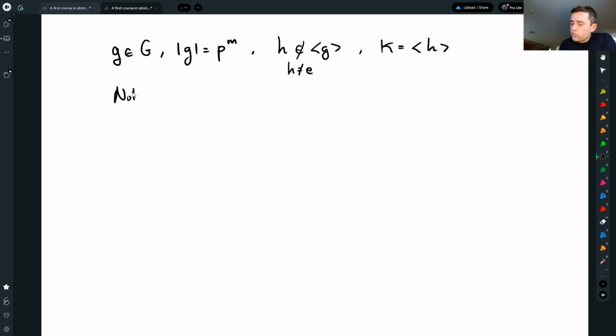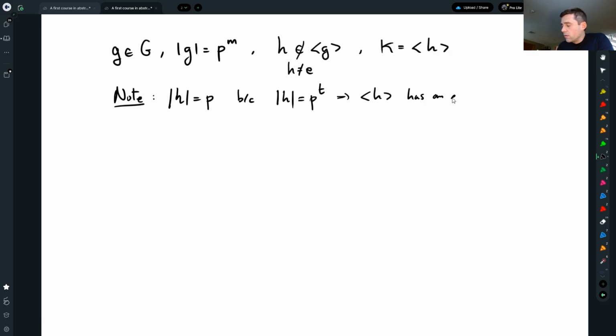So note, first of all, that the order of h must be P, because I know that the order of h is some power of P, and that implies that the subgroup generated by h has an element of order P. Let me fix this a little bit.